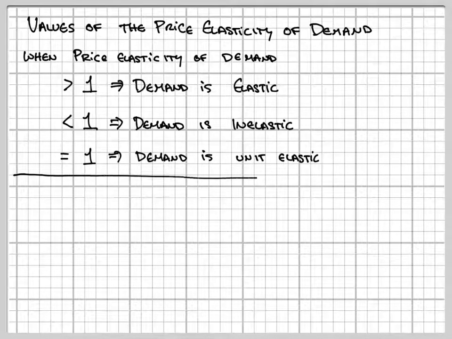There are also extreme values. If the price elasticity of demand equals 0, that means a 1% increase in price has no effect on the quantity demanded.